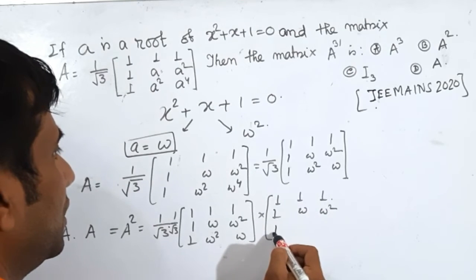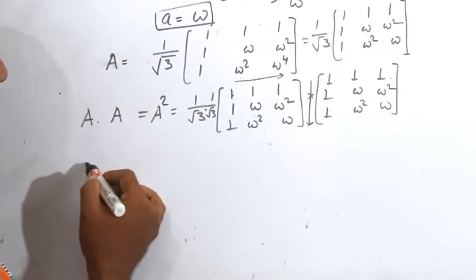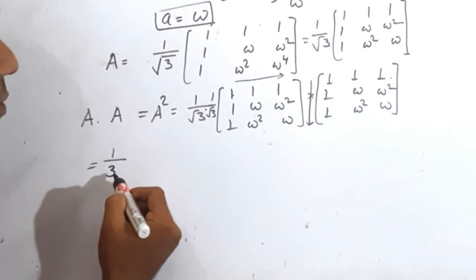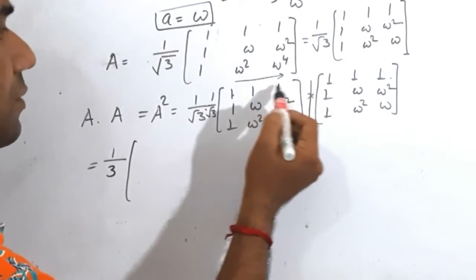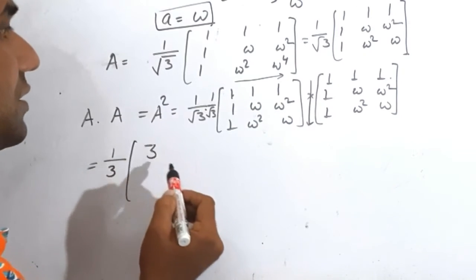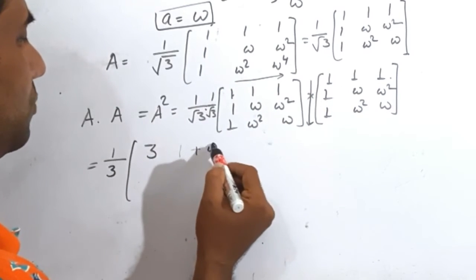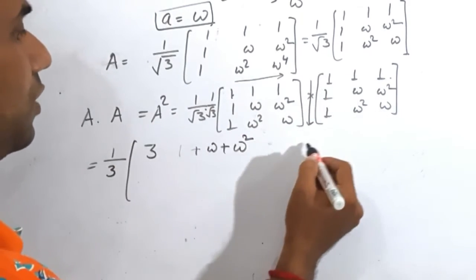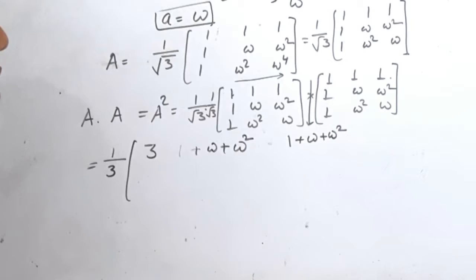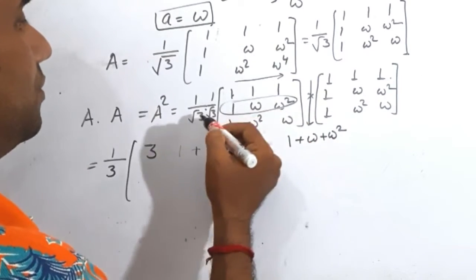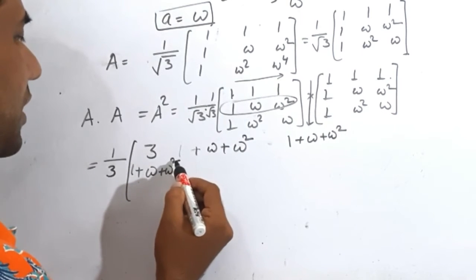Multiplying, we get this is equal to 1 by 3 times: first row, 1 plus 1 plus 1, that means this is 3, this is 1 plus omega square, 1 plus omega square. Now multiplying the second row, we get 1 plus omega square, 1 plus omega square.